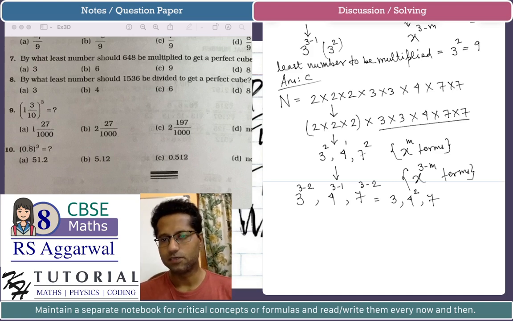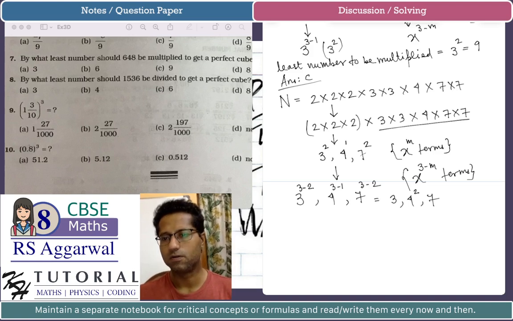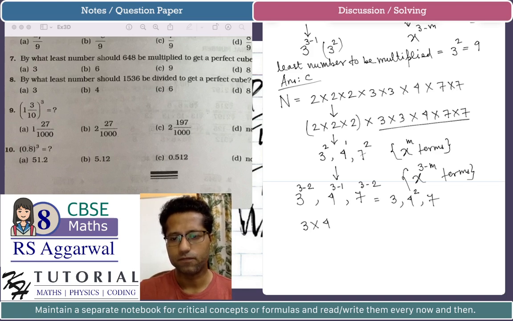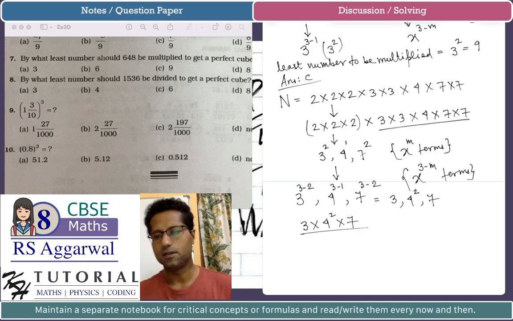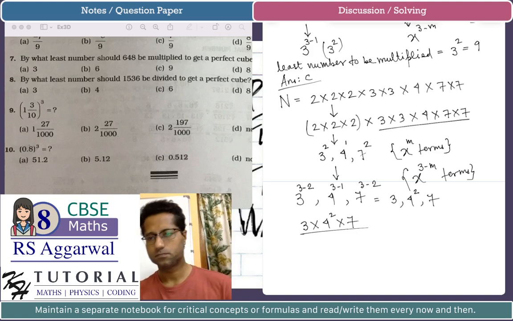The final answer, the least number that needs to be multiplied with this number n to make it a perfect cube, is the product of all the x to the power 3 minus m terms. That is, 3 multiplied by 4 square multiplied by 7 will be the least number that needs to be multiplied with this number n to make it a perfect cube.